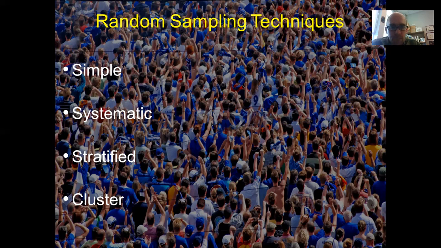And then the last one is called cluster random sampling. In this case, if we go back to the example that I gave of schools and looking at education, instead of randomly sampling within a school, what you might do is randomly sample the schools themselves. So, Nashville Metro has, let's say, 20 schools.